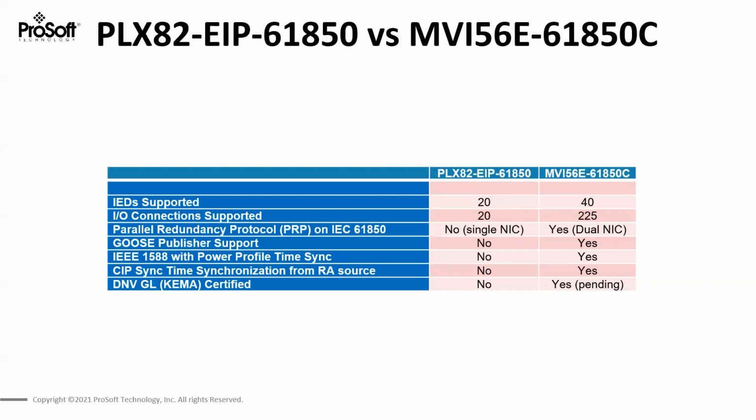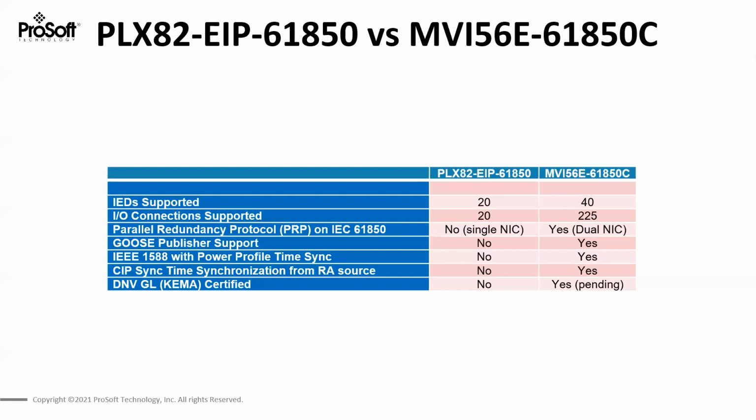Like I mentioned, the GOOSE Publisher really allows us to push data from ControlLogix directly to the protective relays. Previously, on our gateway module, we were only doing that with hardwired IO. We also have the ability to support IEEE 1588 with the power profile, and that allows us to synchronize those protective relays.